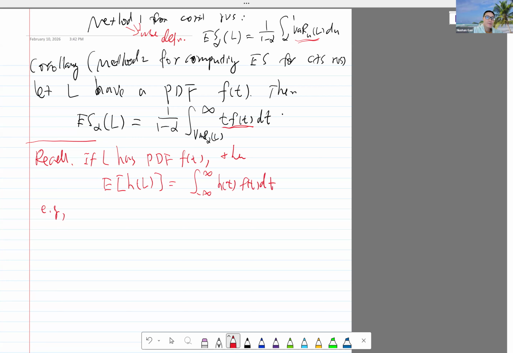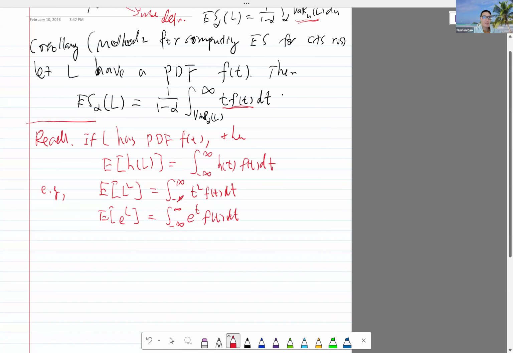For example, the expectation of L squared equals the integral of t squared f of t dt. The expectation of e to the a L equals the integral of e to the a t times f of t dt. The expectation of sine L equals the integral of sine of t times f of t dt. I need this one.